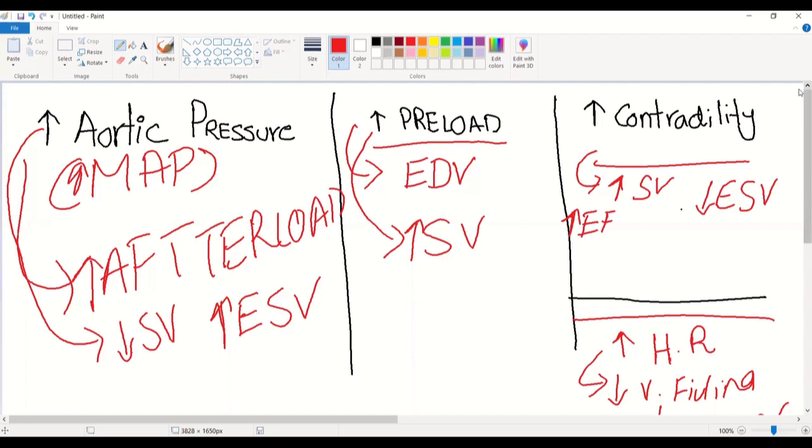Diastole means filling of the ventricle, and systole means the contraction of the ventricle.